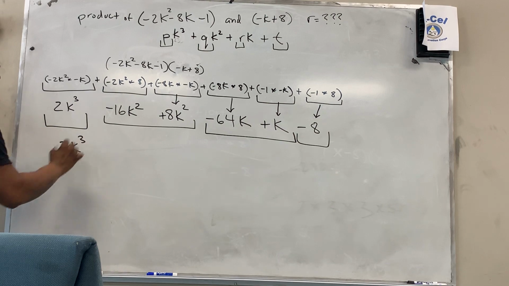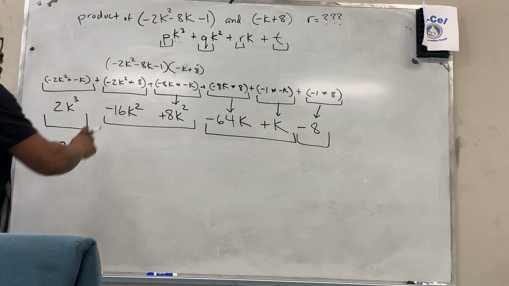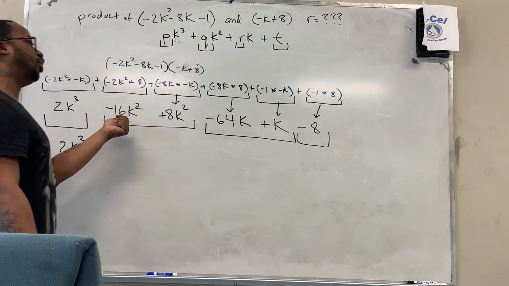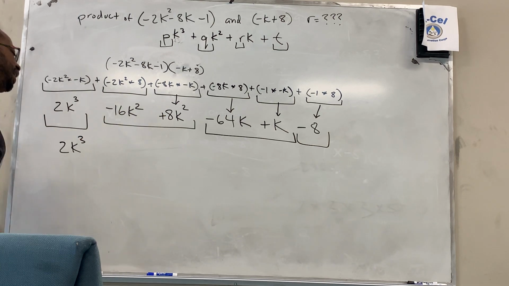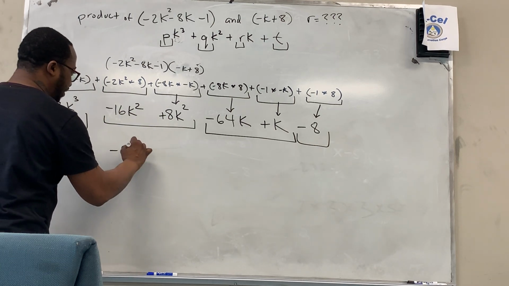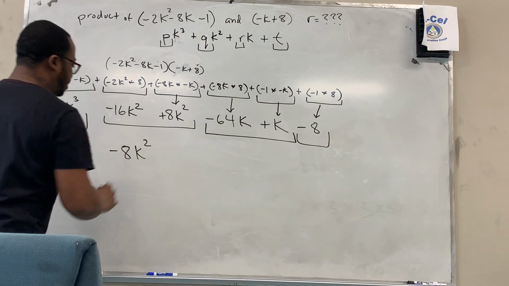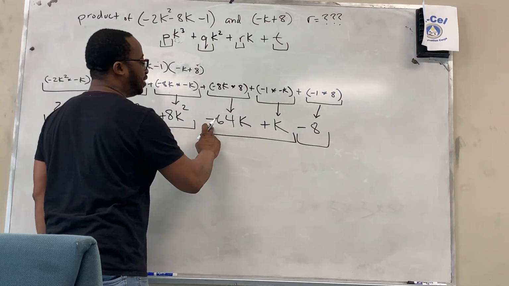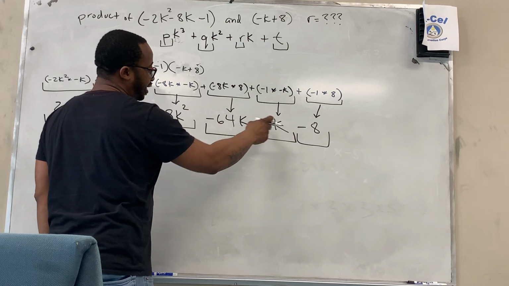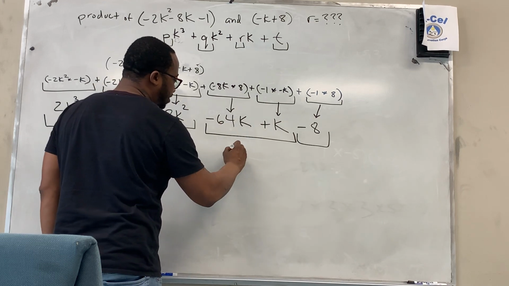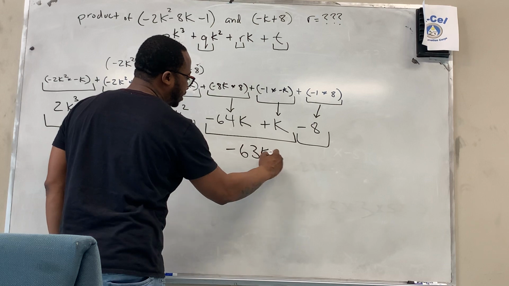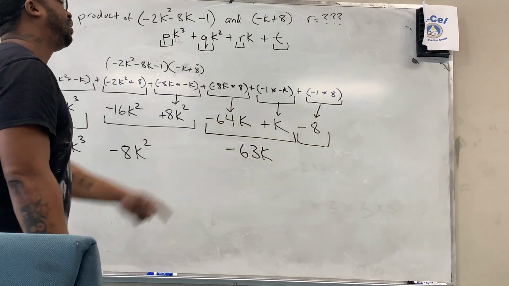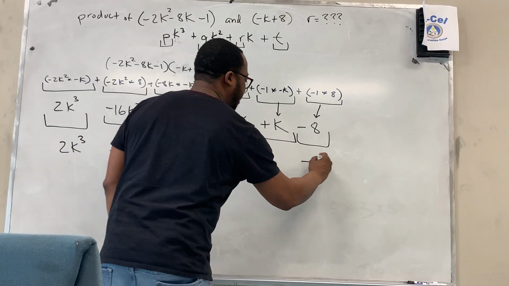So I'm going to write this here. Now, minus 16 plus 8. If somebody owes you 16 and they have 8, they still owe you 8. So that's minus 8k squared. Now over here you have somebody owes you 64k and they only have 1k, so they still owe you 63k. And then here you just bring the minus 8 down.